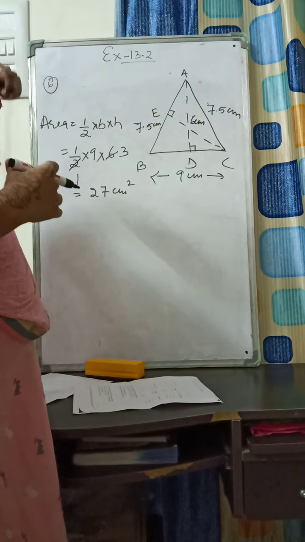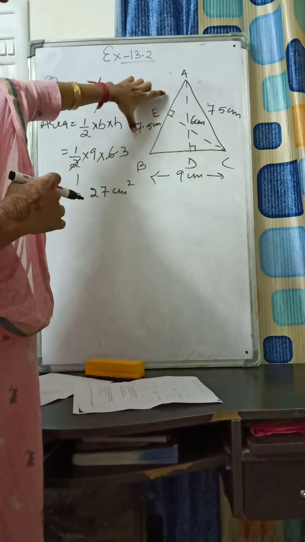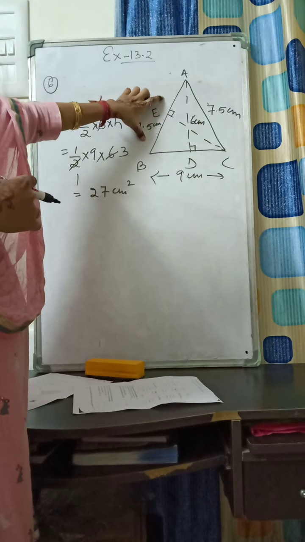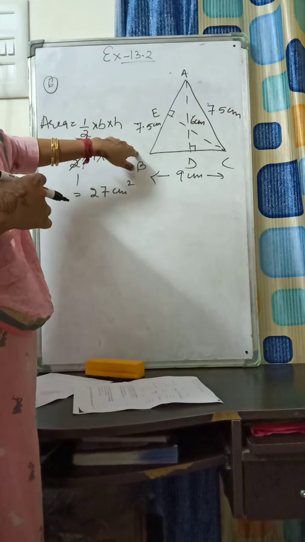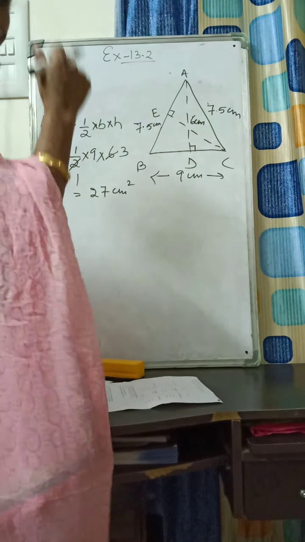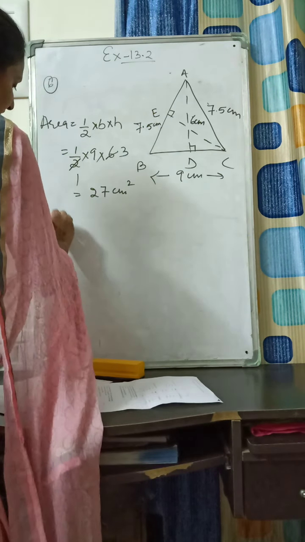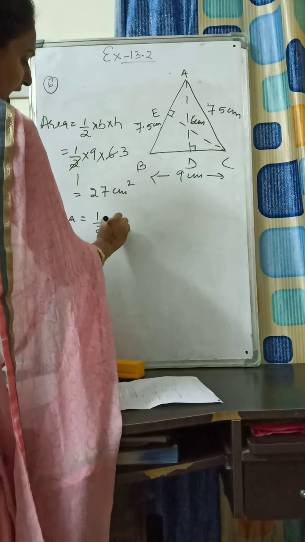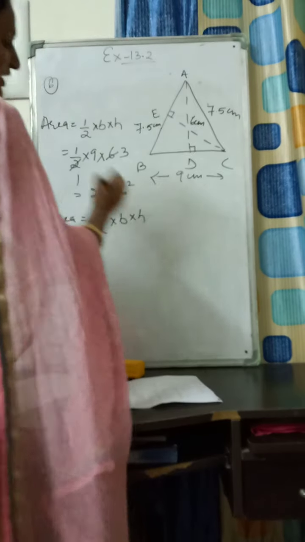Fine. But let us find the value of this height by using this base. Using base AB, we can find the value of height CE. So again we will take area equals to half of base into height.